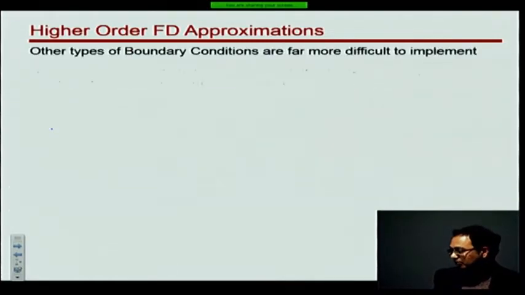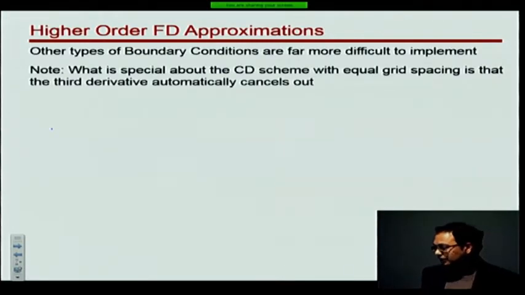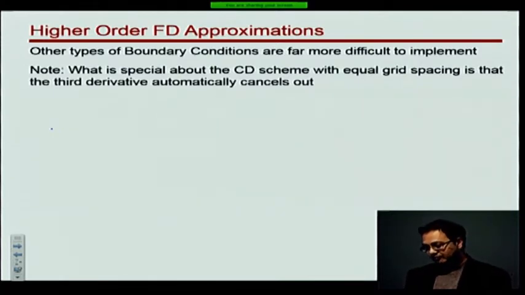Now, one thing that is very special about the central difference scheme, even though we don't really realize it often or don't appreciate it that much, is that in the central difference scheme we are using two Taylor series approximations, and the third derivative fortuitously cancels out, and we get an error which is second order accurate.